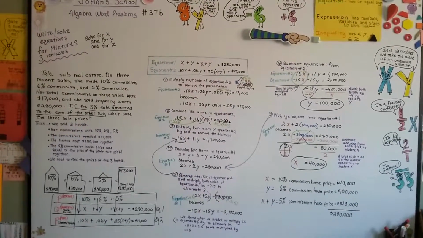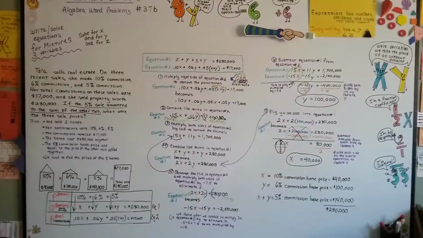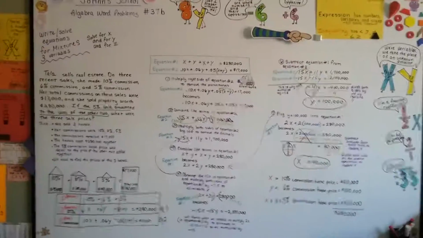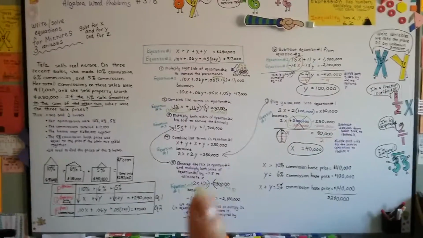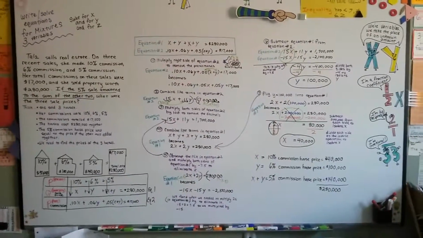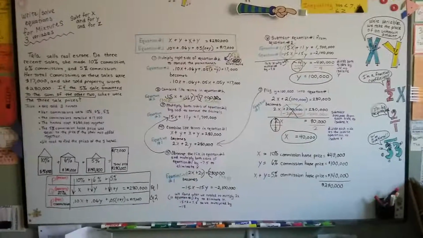And that way, when you do your first few and you get really confused about what you were supposed to do next, if you have one that's already all spelled out and solved, you'll be able to look at it and say, oh, I've got to do that to my problem. And you'll be able to follow along, okay?